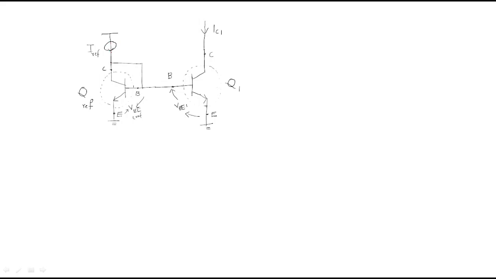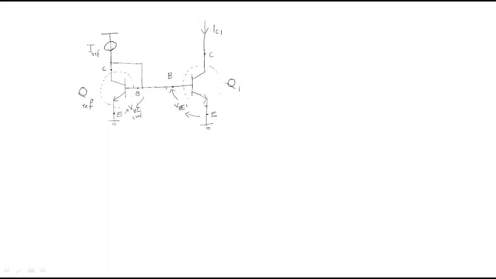So this is the reference current source, and this voltage is the VBE reference voltage, and this is applied to the same VBE1. Why is it VBE1? It is the transistor named Q1, which generates the collector current IC1.